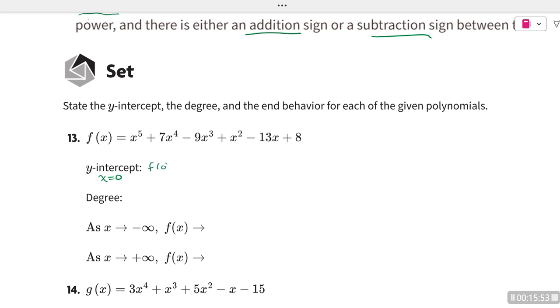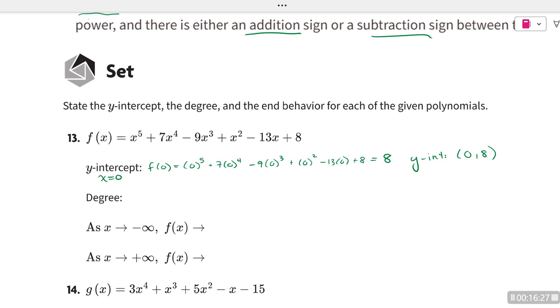So f of 0, right, we could actually plug it in, and I'll do that for this first one. 7 times 0 to the 4th minus 9 times 0 cubed plus 0 squared minus 13 times 0 plus 8. Those all go away, and we're just left with 8. So our y-intercept is (0, 8), or f of 0 equals 8, if you like to use that function notation.